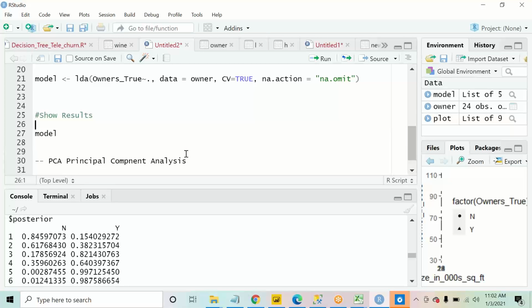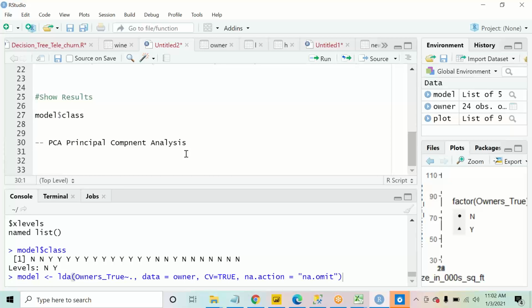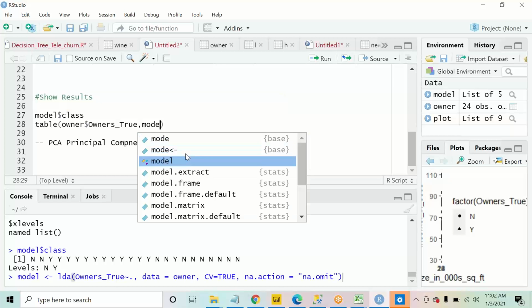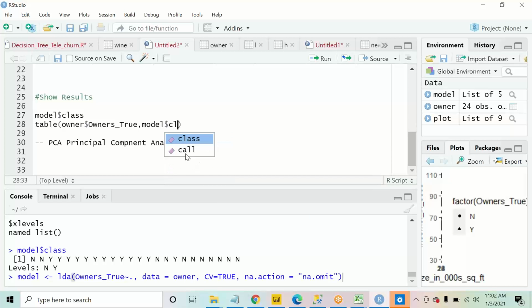So this is the model that we have created, right? If you click over here, model dollar class, this is giving you the predicted outcomes, what the model is predicting. So what I can do now is use my table function. From my owners data set, I would like to pick up the value of owners true, comma, model dollar class.